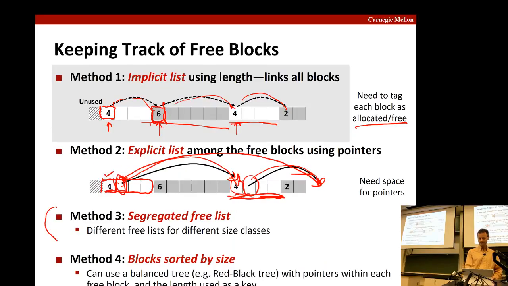So basically what happens here is that all these size fields are one less than the alignment boundary, right?